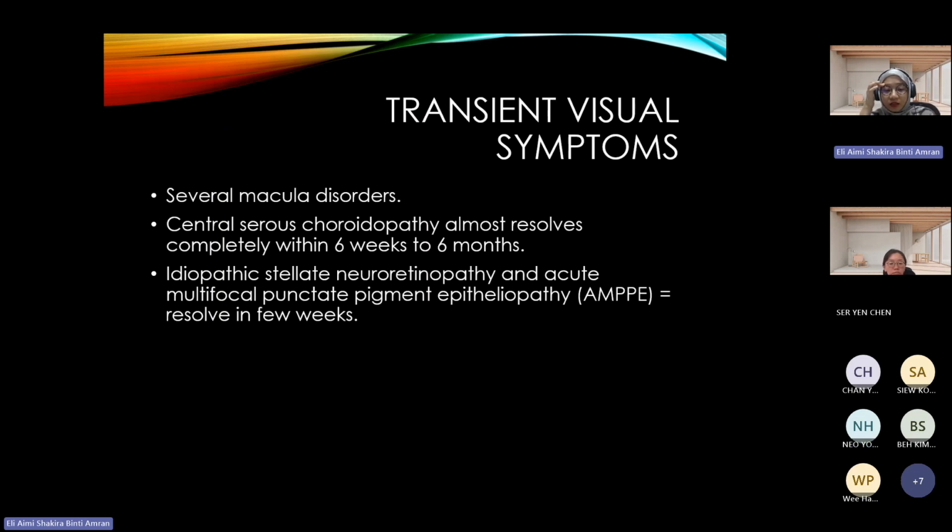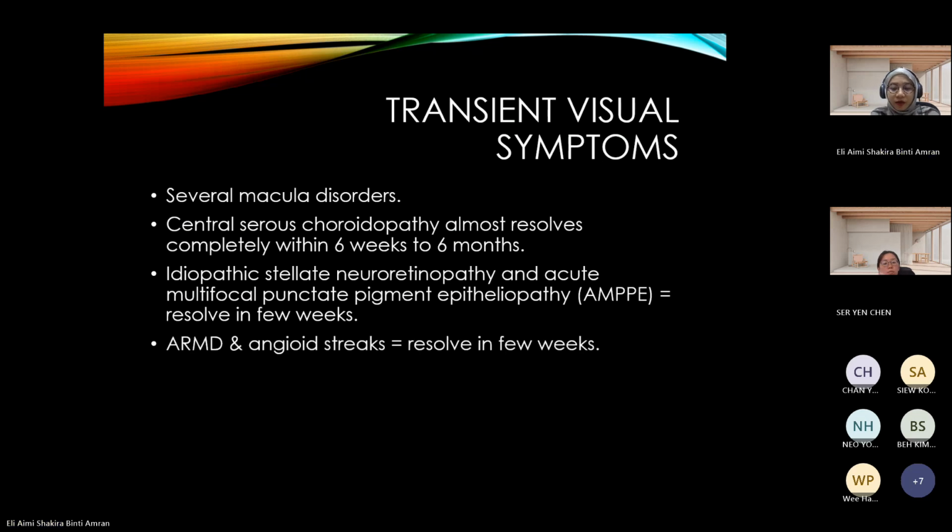So if this kind of issue, it can be resolved in few weeks. Transient visual symptoms, macula related, resolve in few weeks. Okay, ARMD and angioid streaks. If patient is suddenly having visual symptoms for ARMD and angioid streaks, it can resolve in few weeks as well.